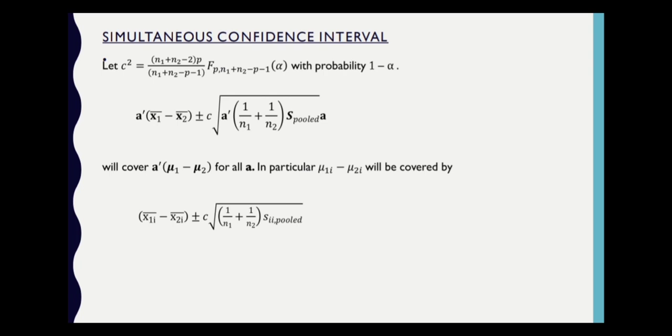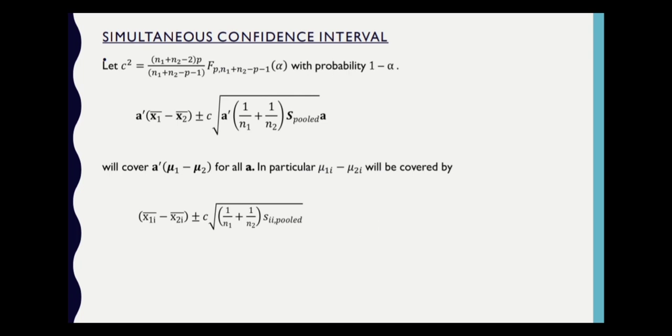As I said before, we find the confidence interval for each variable. So here mu 1i minus mu 2i, the i refers to the variable. Let's say we have two populations and two variables, so we need to find the confidence interval for both the first variable and the second variable.